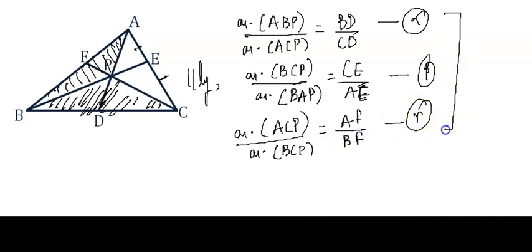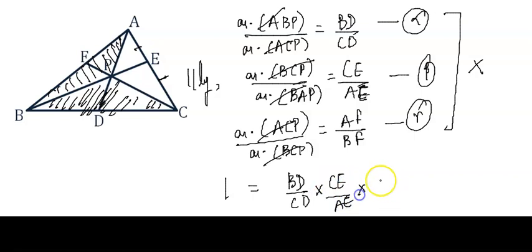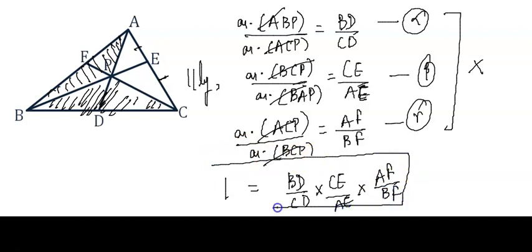Now if you multiply all these three equations, you can see the left hand side will cancel out. This will cancel out with this, this with this, and this with this. So the left hand side is 1, and the right hand side is BD by CD into CE by AE into AF by BF, and that is what we needed to prove.